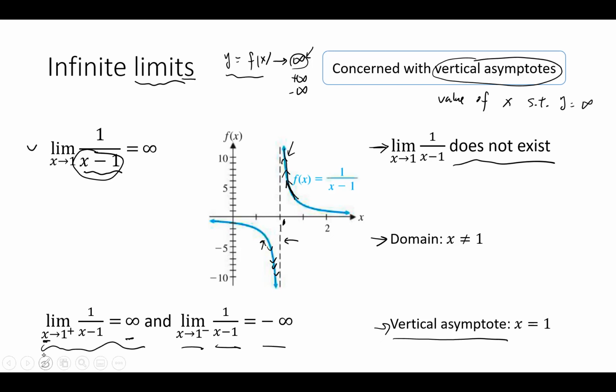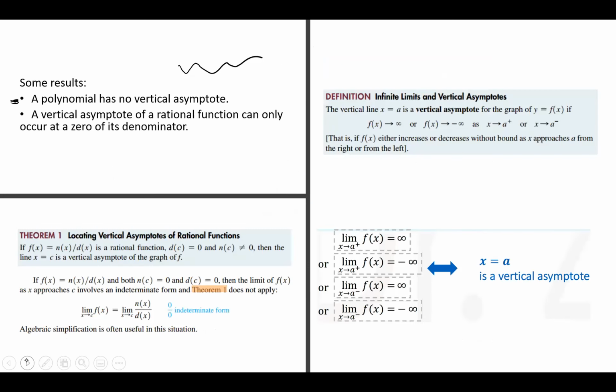Second, a vertical asymptote of a rational function can only occur at the zero value of its denominator. So we look at what happens if the denominator becomes 0, and it gives us the potential candidates for the vertical asymptotes.